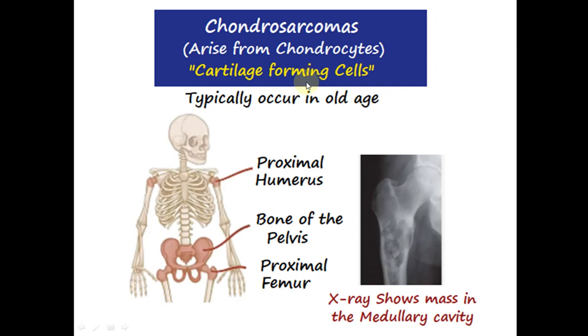The chondrosarcoma typically occurs in old age, and it commonly affects the proximal humerus, proximal femur, and bones of the pelvis. In the radiological appearance of the chondrosarcoma, we will see a lytic lesion located in the medullary cavity.